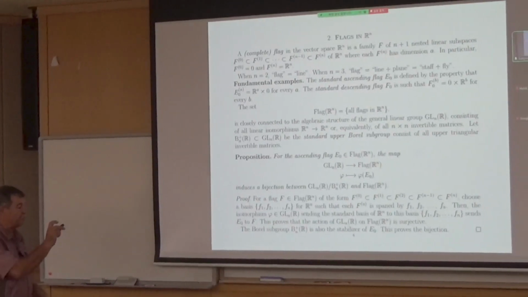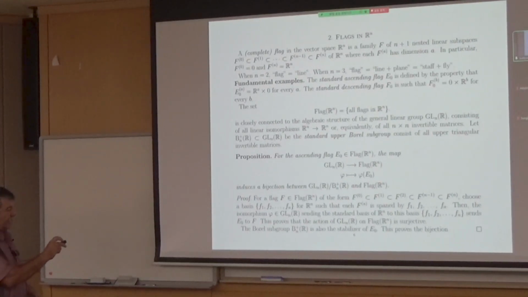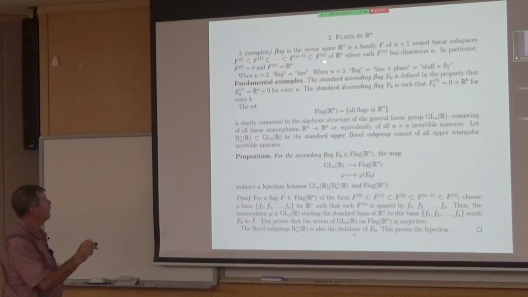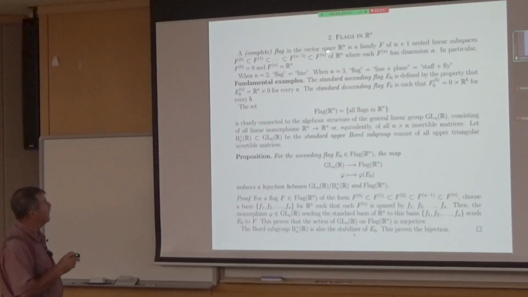Now I'm going to switch to flags in Rn. A flag in Rn is a family of nested spaces like this, where each space is strictly contained in the next one.